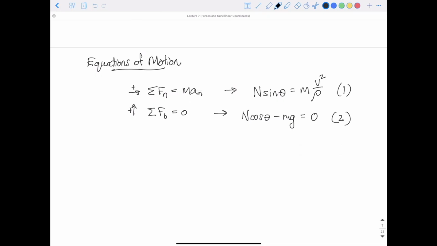So if we eliminate n, we can do that by taking equation 2, moving mg to the other side, and then dividing equation 1 by equation 2. So let's do 1 divided by 2.